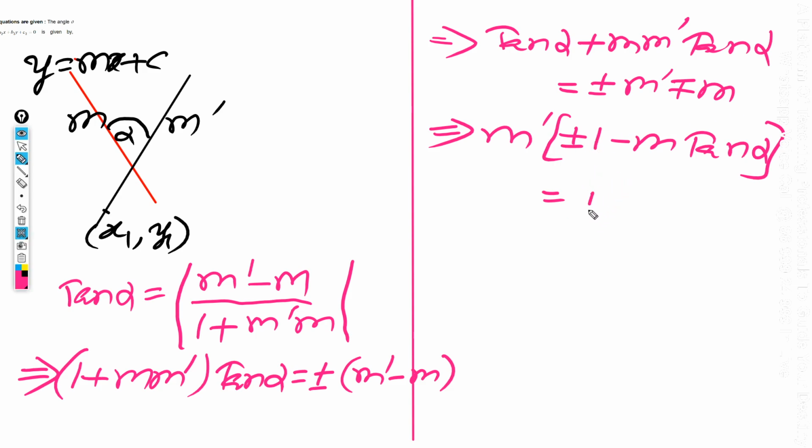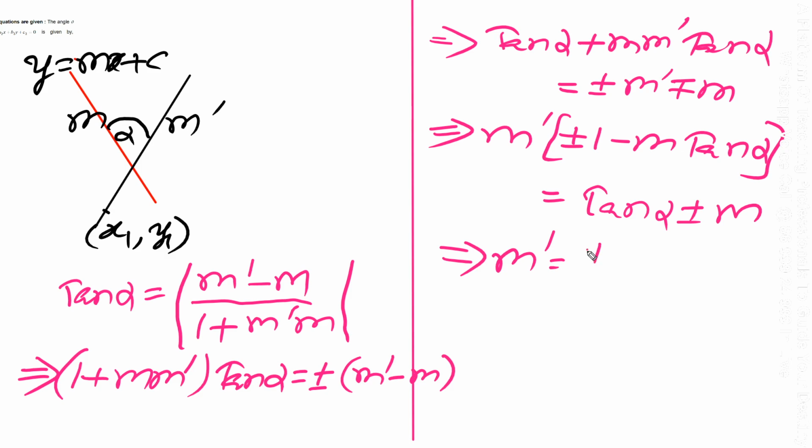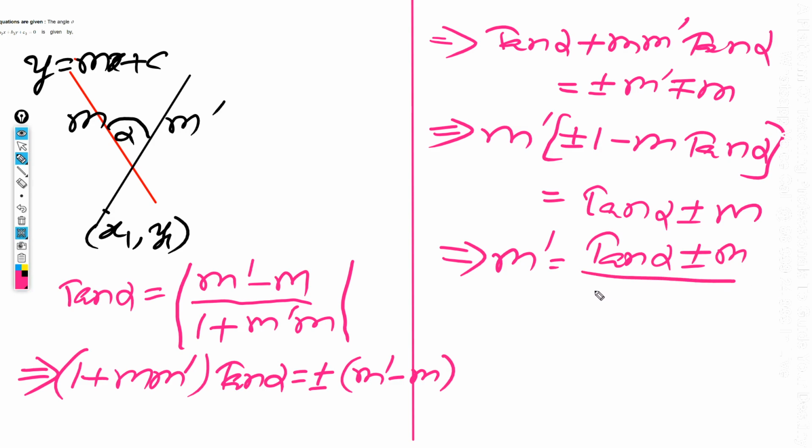This will be tan alpha plus or minus m. So what is m dash here? M dash is nothing but tan alpha plus or minus m divided by plus or minus 1 minus m tan alpha.